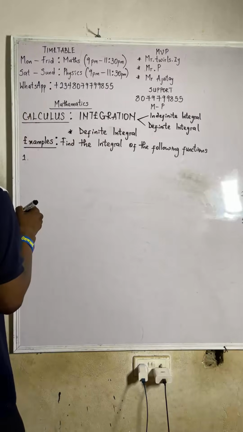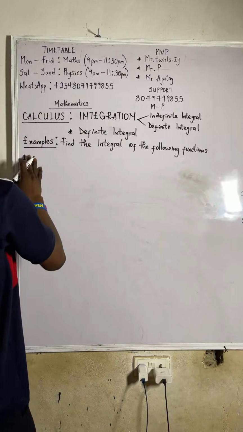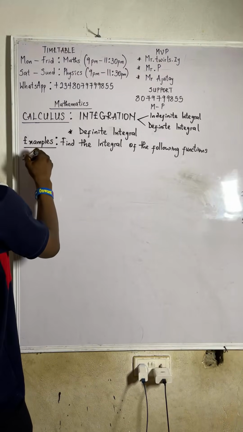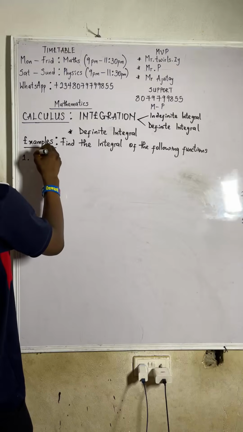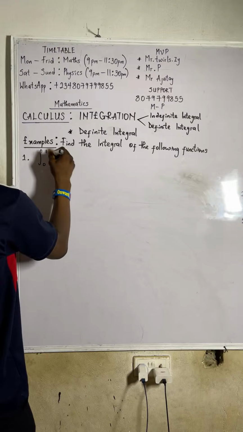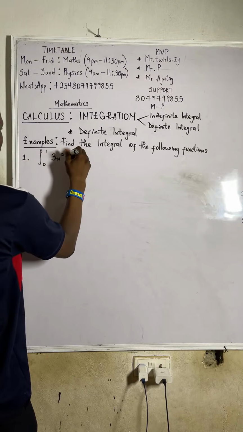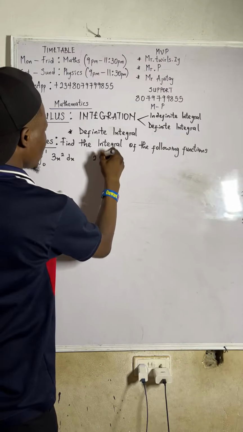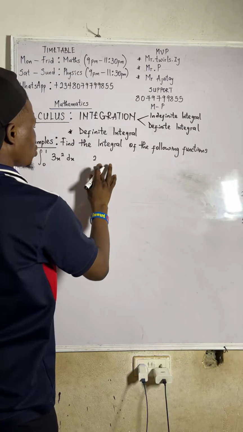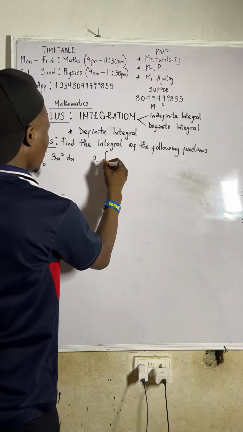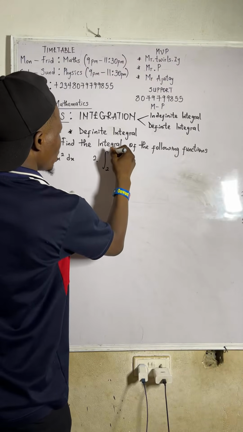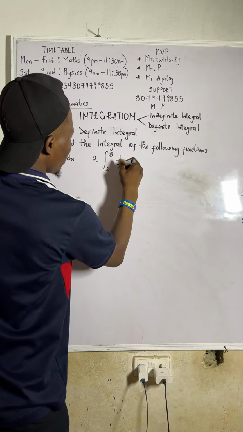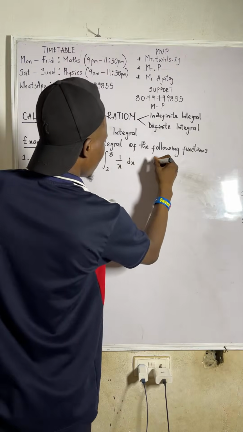So it says find the integral of the following functions. Question 1 says integral from 0 to 1 of 3x squared dx. Question 2 says integral from 2 to 8 of 1 over x dx.